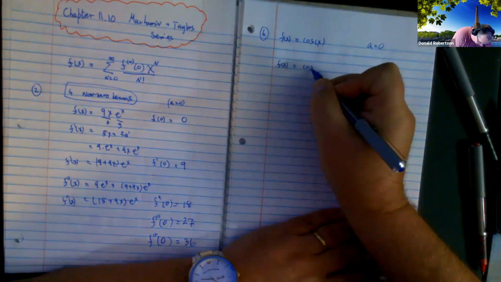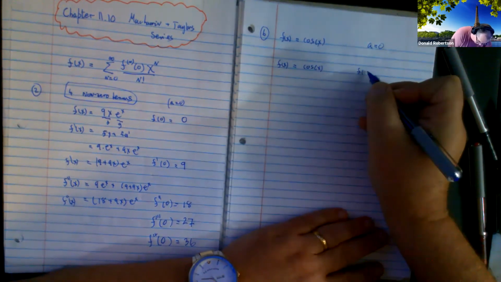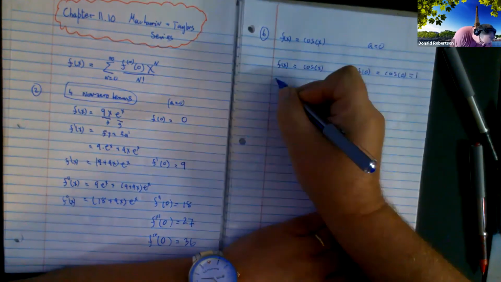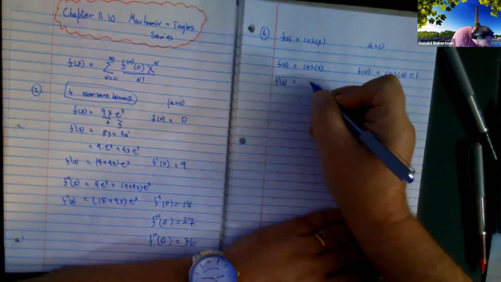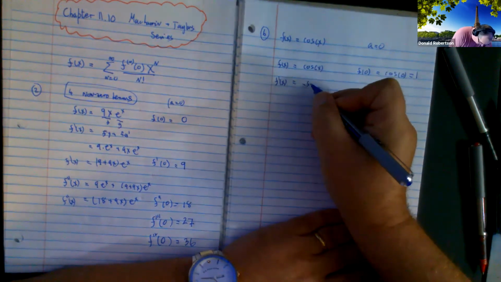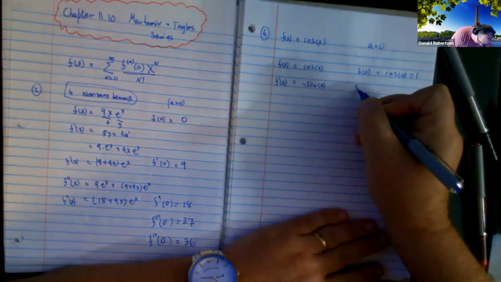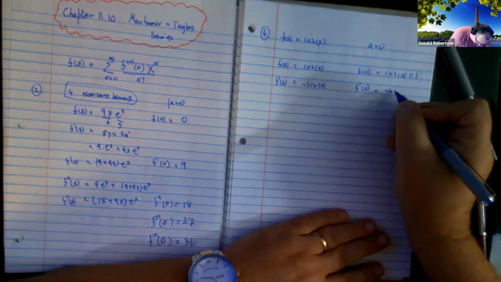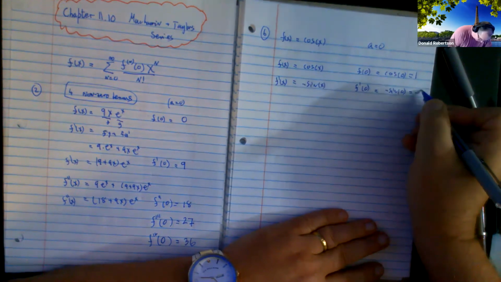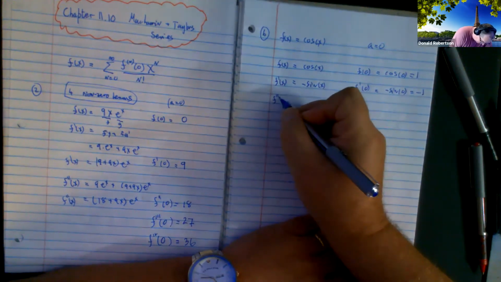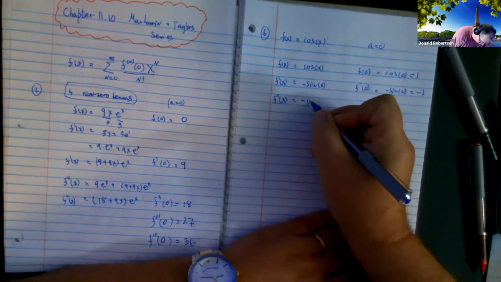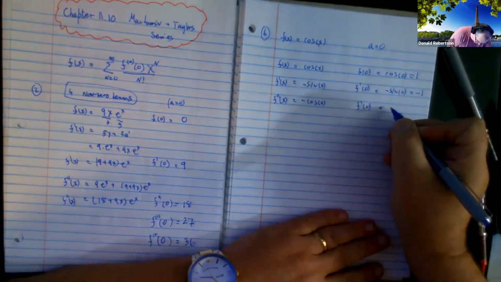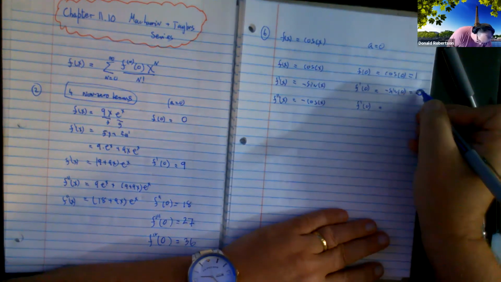Cosine x, the value of the function at 0 is the cosine of 0, which is 1. If you take its derivative, you get negative sine x, and the derivative there is negative the sine of 0, which is 0. The second derivative is negative cosine x, and its value at 0 is negative 1.